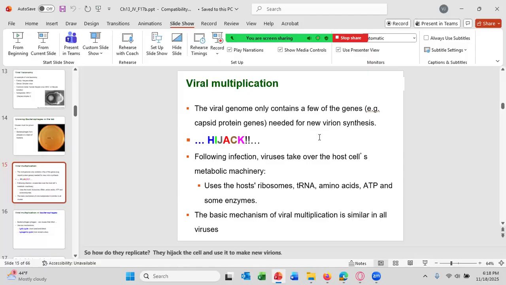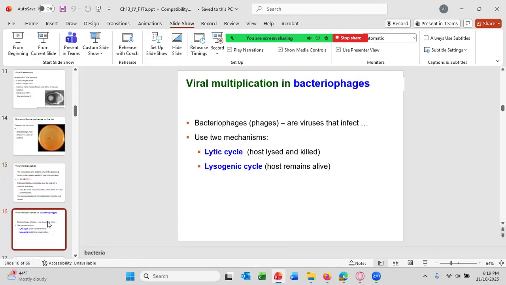And the virus will take over the host cell's metabolic machinery using the host cell's ribosomes, tRNA, amino acids, ATP, and some of the host cell enzymes needed to replicate the virus. The basic mechanism for viral multiplication is similar in all viruses. And that is the virus infects the cell and then causes that cell to replicate the virus.